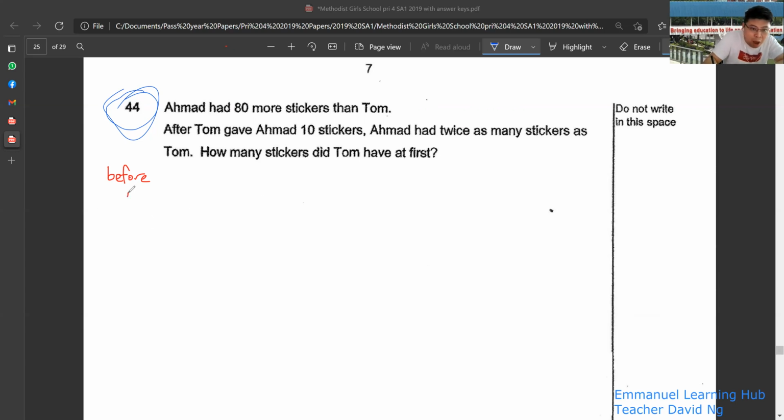So before, A for Ahmad, T for Tom. Ahmad had 80 more stickers than Tom, so you draw Ahmad longer by 80. This is 80. Then after Tom gives Ahmad 10 stickers, Tom has less, and Ahmad has 10 more.